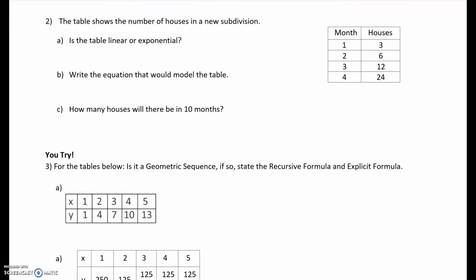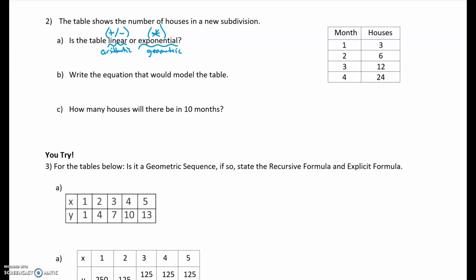So number 2 here says that the table shows the number of houses in a new subdivision. Is the table linear or exponential? So what I'm asking here is, is it changing by adding or subtracting the same thing every time, or is it changing by multiplying by the same thing every time? Okay, so notice if it's linear, that's going to represent arithmetic. But if it's exponential, it's going to represent geometric.